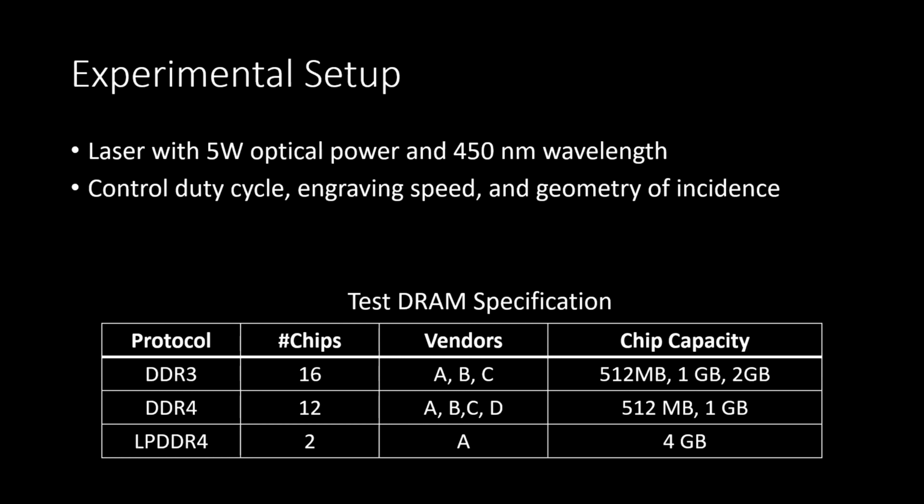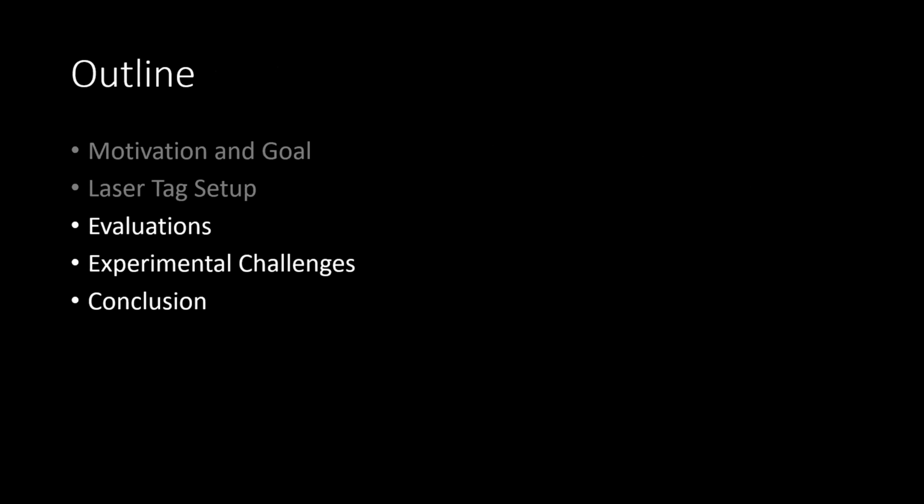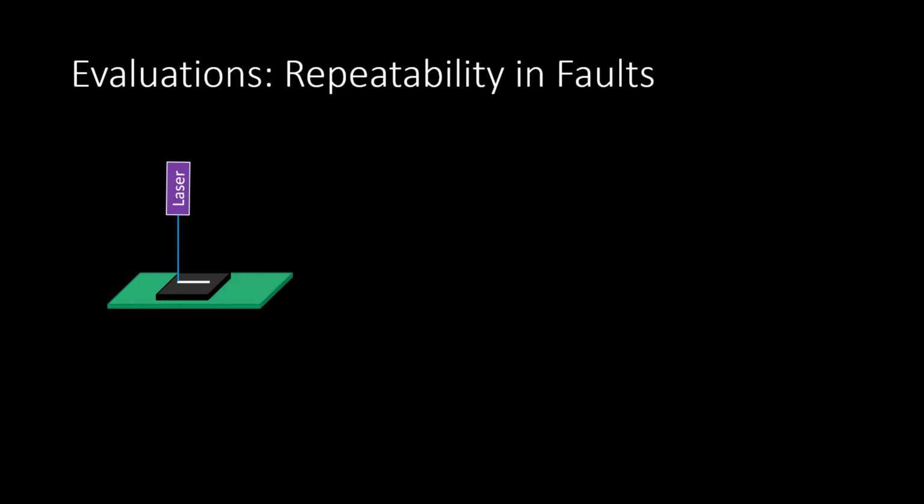So let me tell you a little bit more on how we evaluated our setup. One of the most important things about this setup is repeatability in the faults. We don't want random faults, right? We want our faults to be repeatable. So if we experiment with this laser once, we should get the same set of errors the next time we experiment.